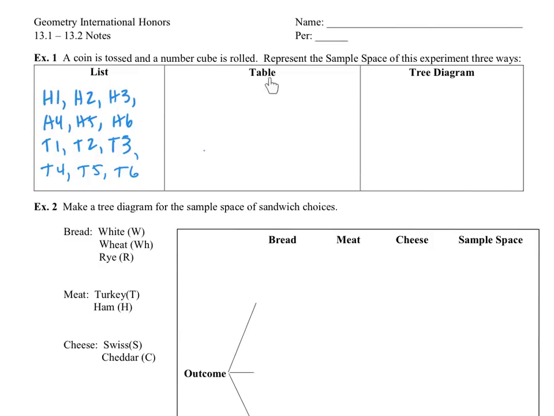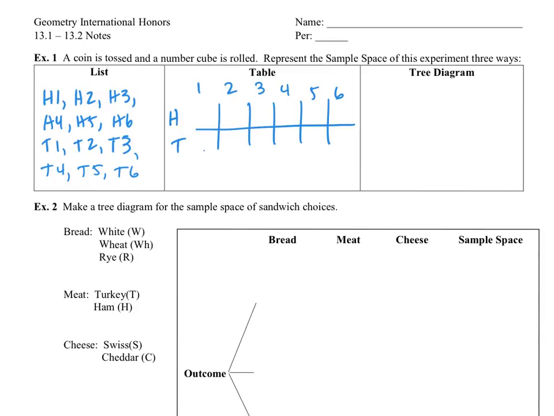Another way to do that is to use a table, and this is going to look very similar actually to the list. Let's just make a table that has 2 rows and it has 6 columns. Okay, and so we can either get heads or tails when we flip that coin, and then when we roll the number cube, we could get a 1, 2, 3, 4, 5, or 6.